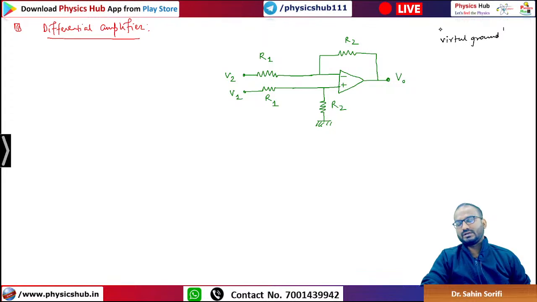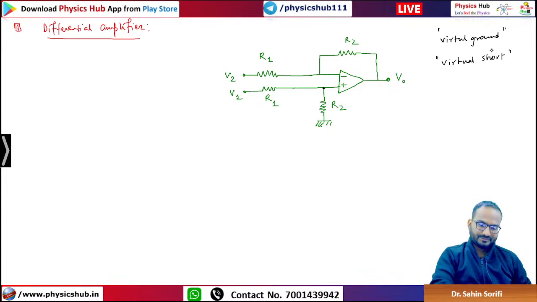One time you are using virtual ground, another time virtual short. Did you get the difference between these two? When zero potential is there on the non-inverting terminal and feedback resistance is there, then we have virtual ground. But if the voltage is other than 0 volt, then we will have virtual short. Clear now? So here we will get the scenario of virtual short.